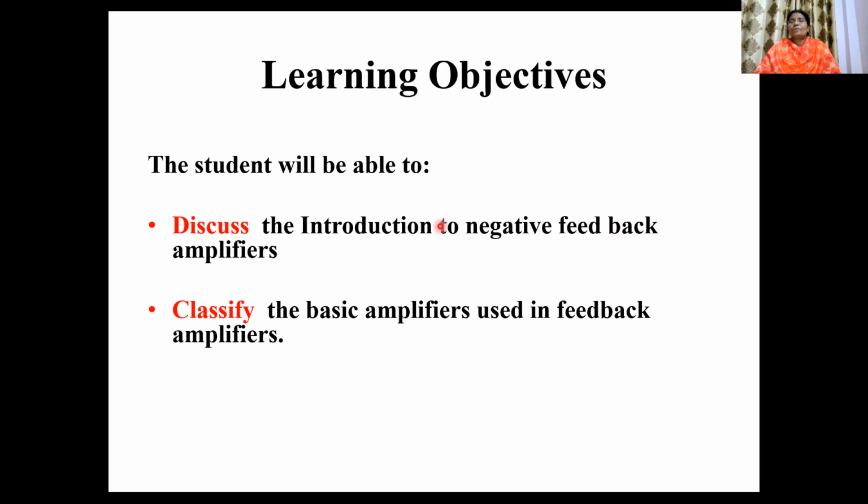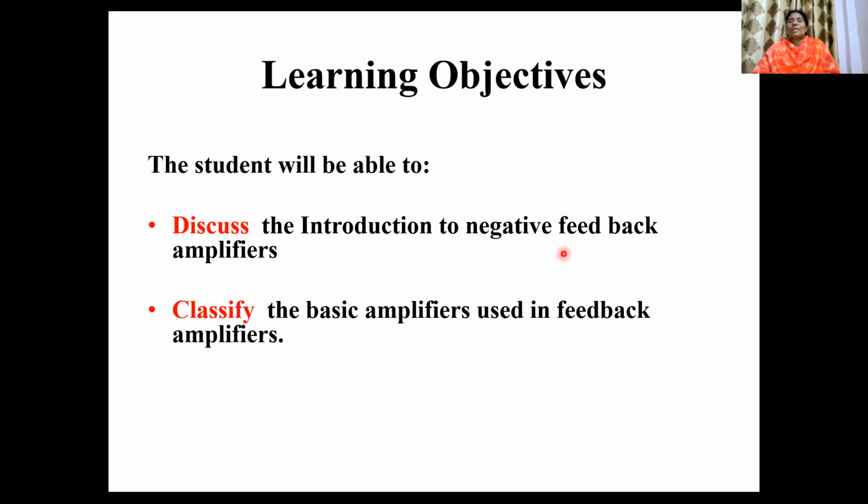Here we'll go for the negative feedback amplifier. What is meant by negative feedback amplifier? Whatever the source signal is, that will be subtracted from the feedback signal, then you get the negative feedback.